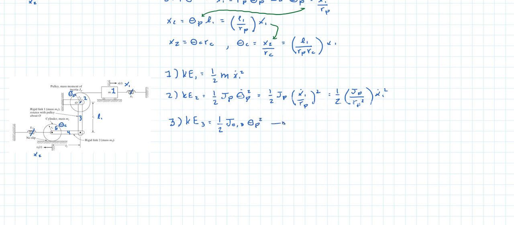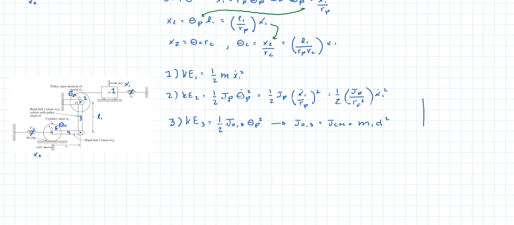So let's make a side note. J sub O3 is really the moment of inertia about its center of mass plus its mass, which is m sub 1, times the distance between where it's rotating and its center of gravity.